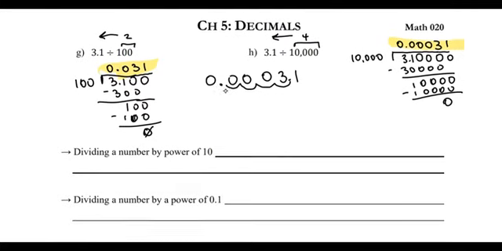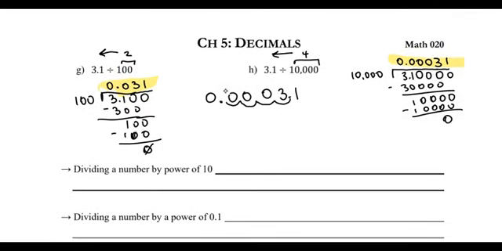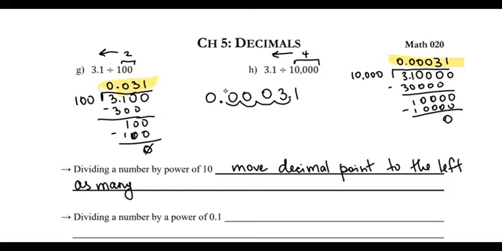All right, so here's our formal rule. Dividing by a power of 10, move decimal point to the left as many places, as many spaces as you have zeros behind 1.